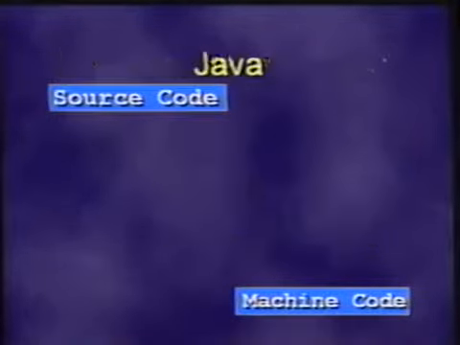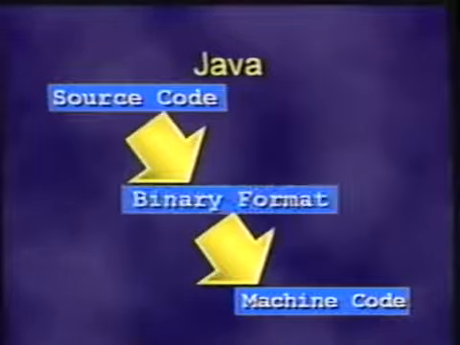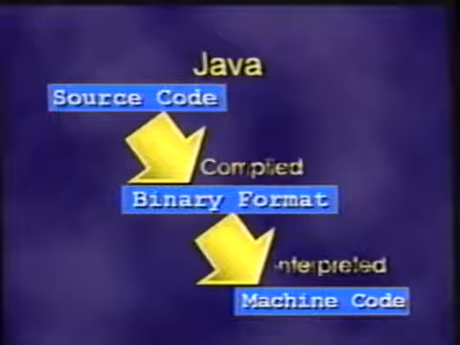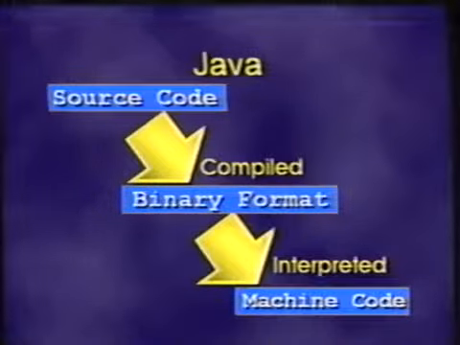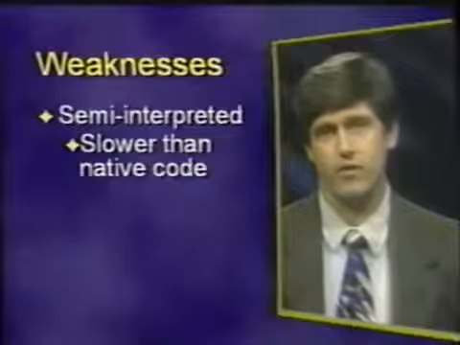In Java's case, instead of having a high-level interpreted language or a low-level targeted machine code, you have something in the middle, which is a binary format that is interpreted into the native machine code. So it's faster than a purely interpreted code, but it's not as fast as native code. And since it is interpreted, it runs slower than native code.